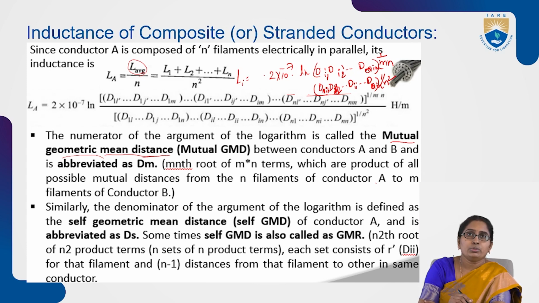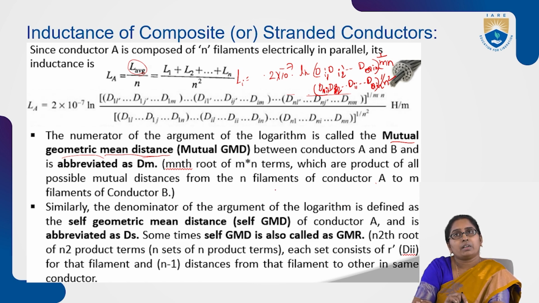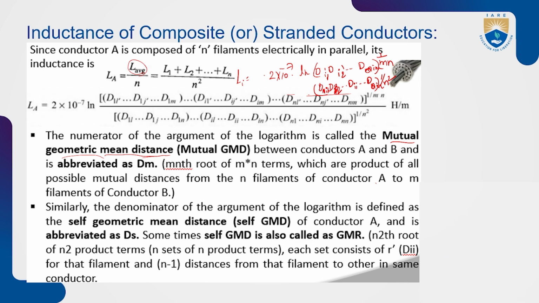Because we have Mn terms, which are the product of all possible mutual distances from n filaments of conductor A to m filaments of conductor B. So that is about the numerator.